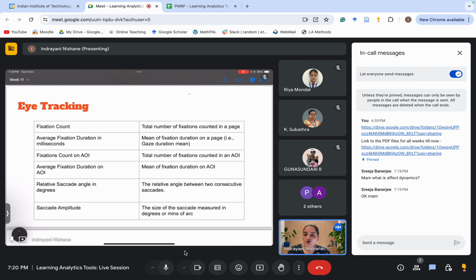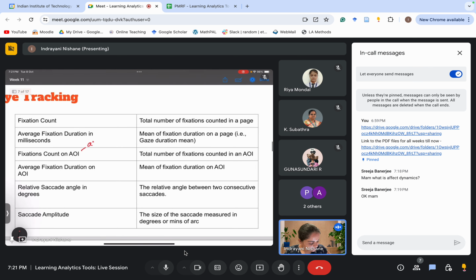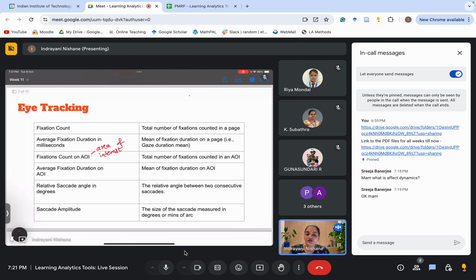Now fixation count on AOI. AOI is area of interest. On a computer screen, if you have noticed Moodle or Google Classroom, on one side of the screen, especially the left hand side panel, there are a few buttons which we are not really interested in. There is a small portion of the screen which has the information to be read by the students, or some video which students are supposed to watch.